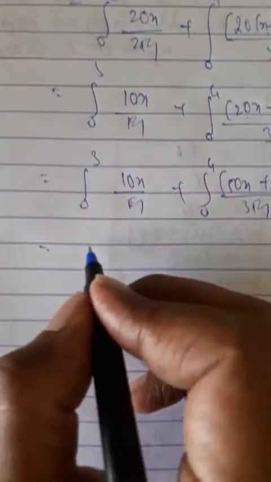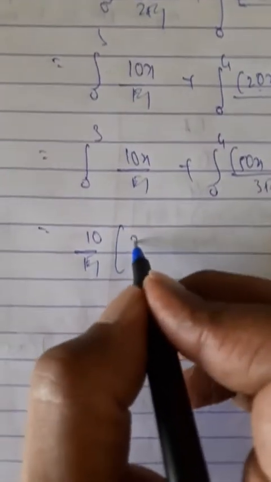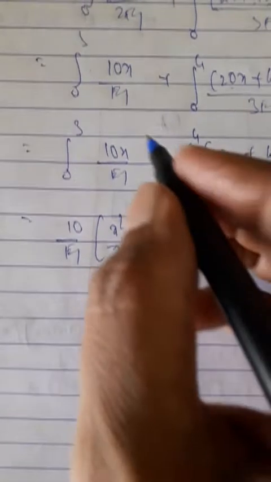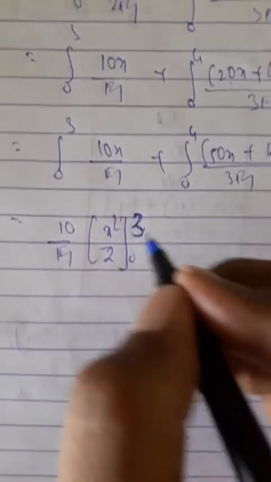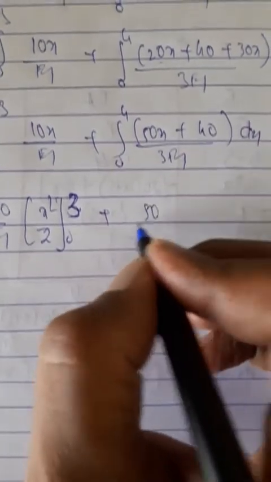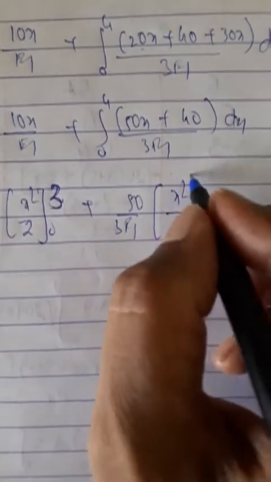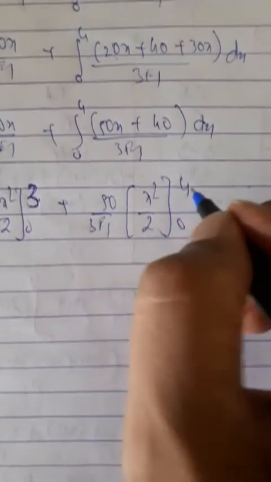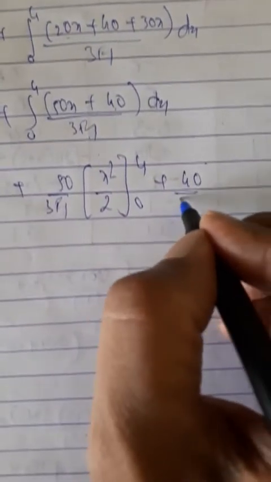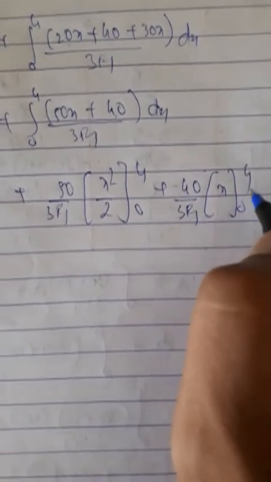So you can solve this. 10 by EI outside the bracket, integration of x square by 2, limits 0 to 3, plus 50 by 3EI outside the bracket, integration of x is x square by 2, limits 0 to 4, plus 40 by 3EI outside the bracket, integration of x over the limits 0 to 4.